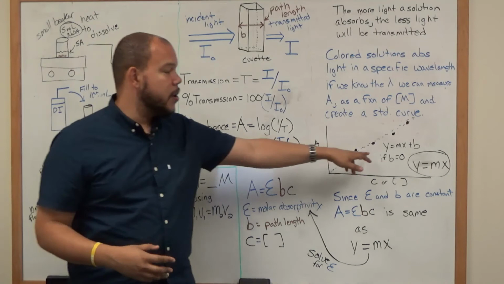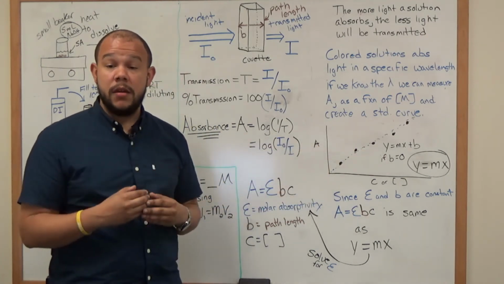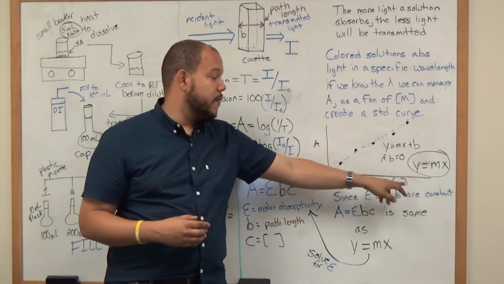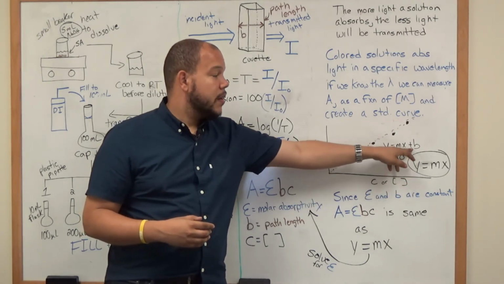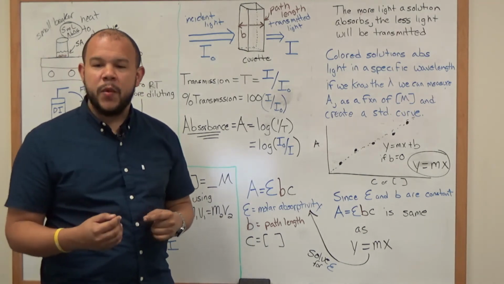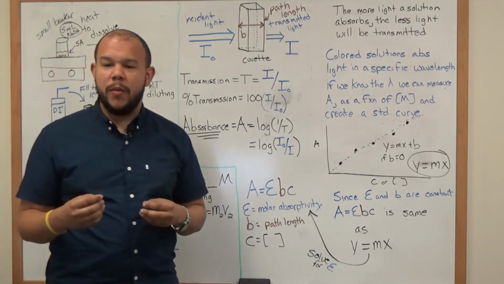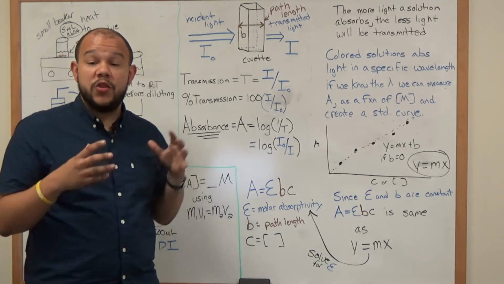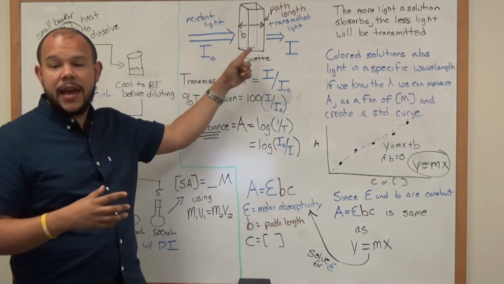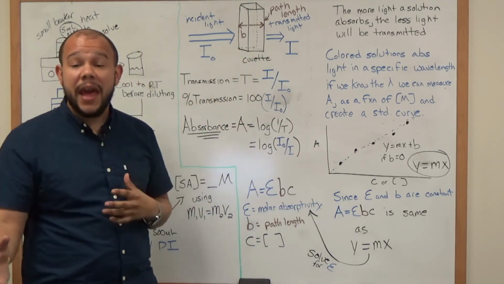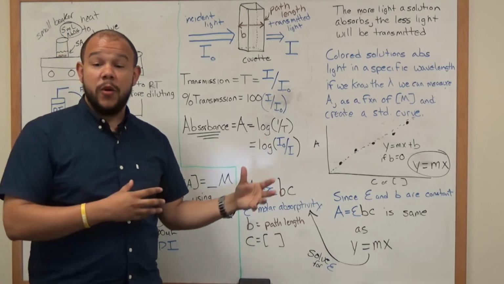So we should be familiar at this point with y equals mx plus b, where m, again, is the slope, x is the variable in the x-axis, and b is the y-intercept, right? Well, when we're talking about absorbance, if we don't have anything in solution that absorbs any of our incident light, at a concentration of 0, we should expect no absorbance.